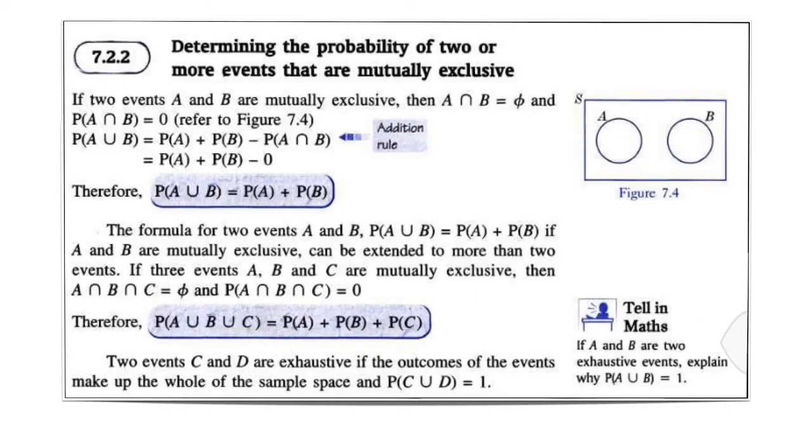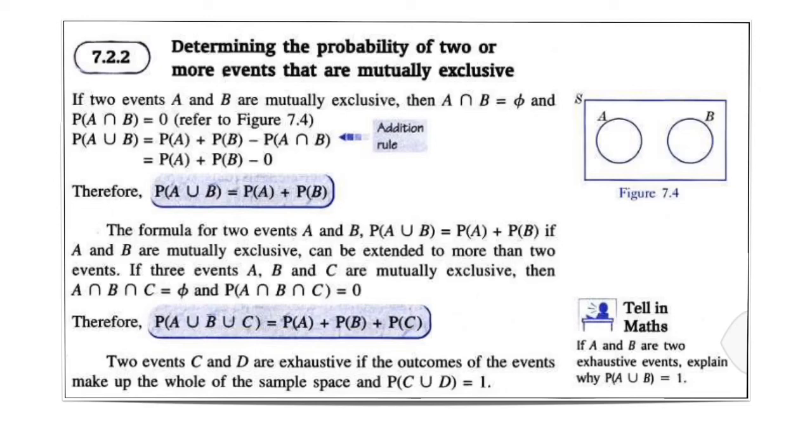For the next lesson, we will discuss further the formula, the addition rule. For mutually exclusive events, the probability of A union B is equal to the probability of event A plus the probability of event B. This is for two events.